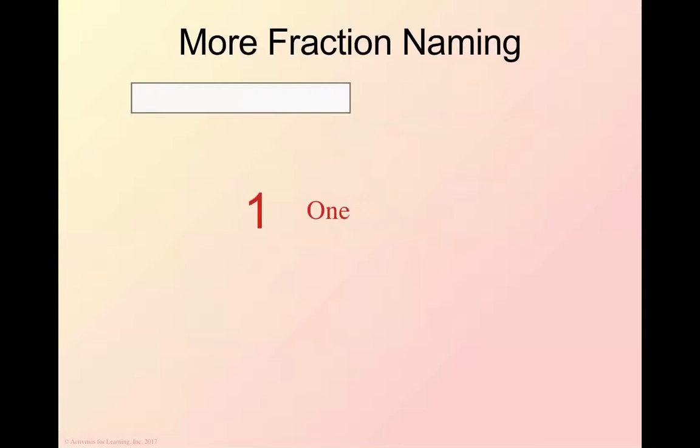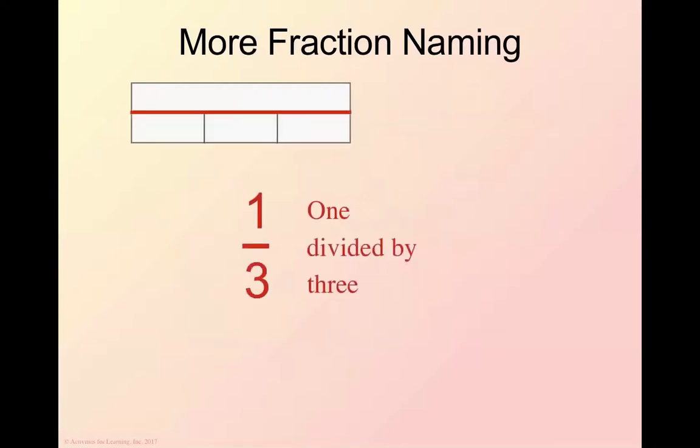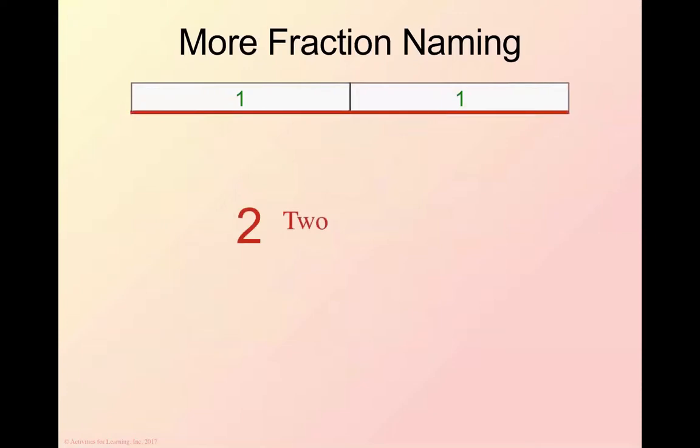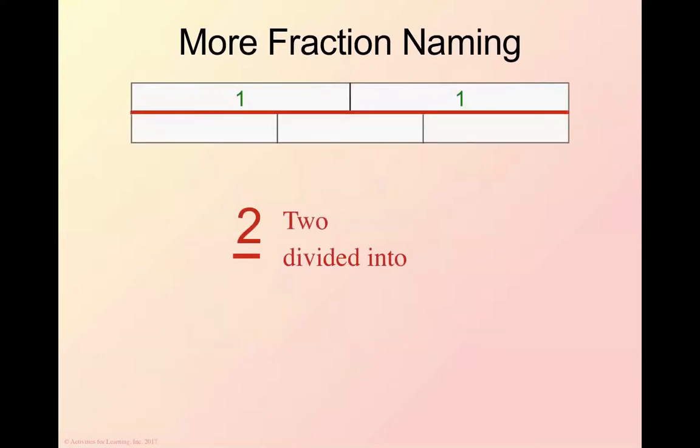Now, remember when we did this, 1 divided by 3 gave us the 1/3. We can do the same thing, and we're going to do it this way. We're going to say 2 divided by, so I have 2 divided by, or divided into, 3 equal pieces.